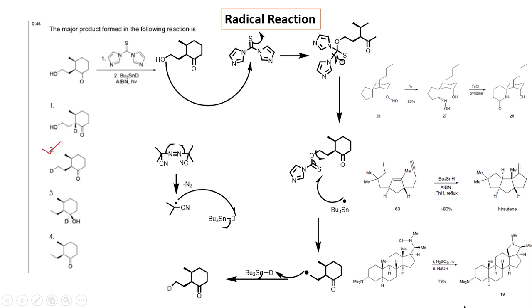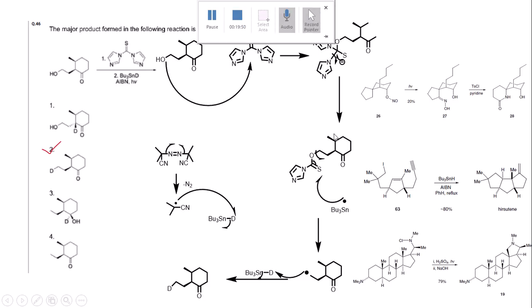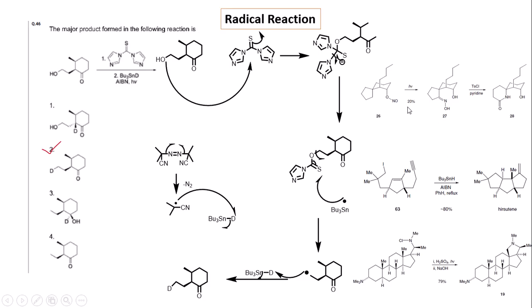Similarly, this screenshot has been taken from Carruthers' book, where the different types of Barton reactions proceed through the radical pathway, where the alkyl nitrite derivative, after cleavage of the O-N bond, produces radicals, and these radicals can capture the methylene proton, and after that the nitroso compound is formed, which undergoes isomerization to give the oxime derivative, and this oxime derivative under Beckmann rearrangement gives the resulting product.